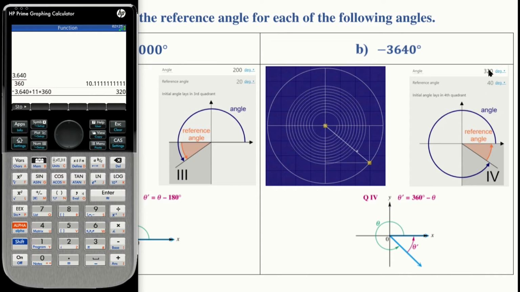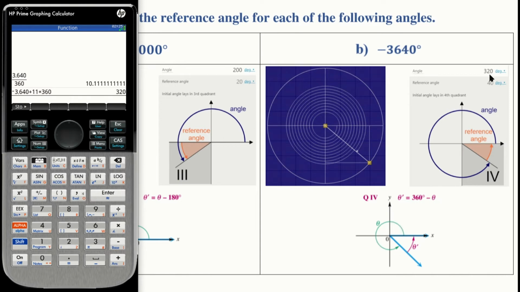Notice that we want to get this angle right here. That's the reference angle, and that falls into the quadrant 4 category. And that is going to require us to start with 360 and take away the original angle.